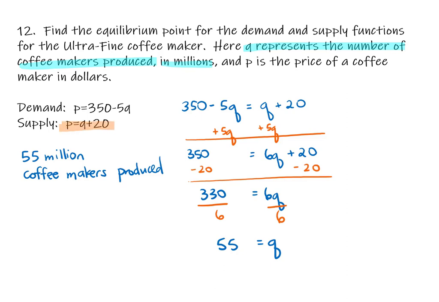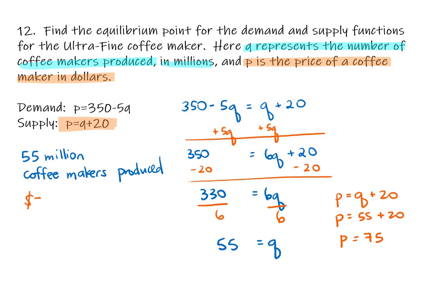I think this might be the easier of the equations to use. And so I'm going to replace q with 55. And I'll get 75. And looking back, it says P is the price of a coffee maker in dollars. So we want to put the correct units on that one as well.